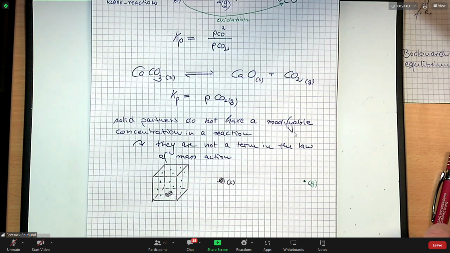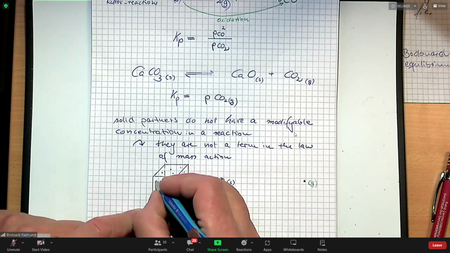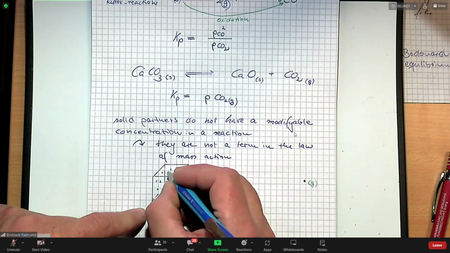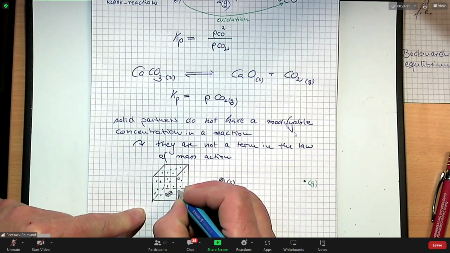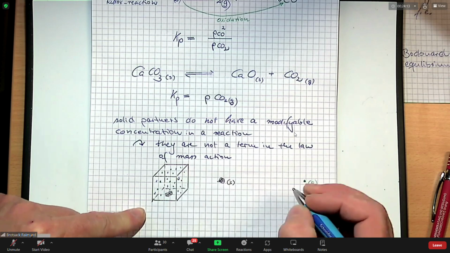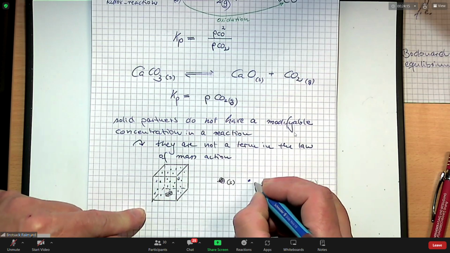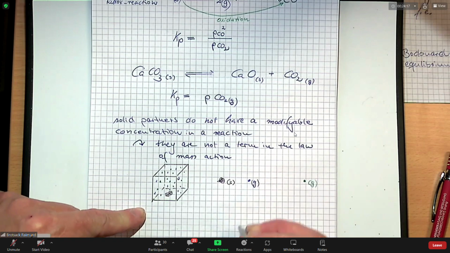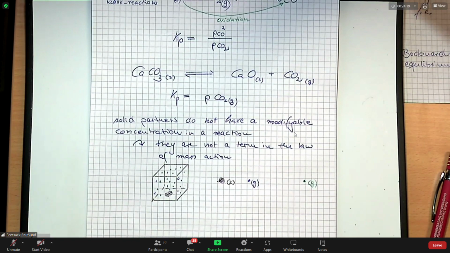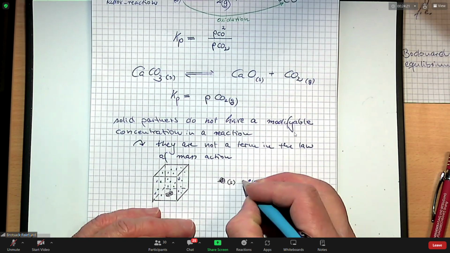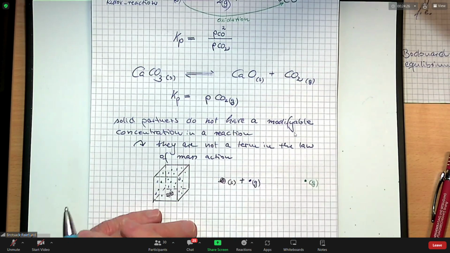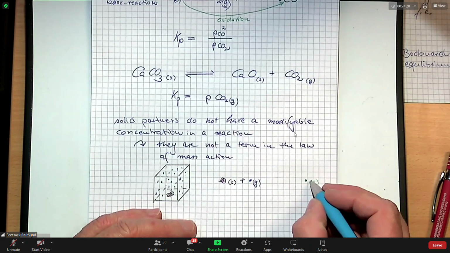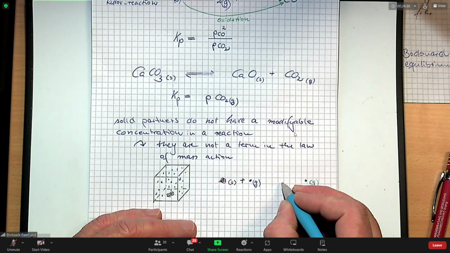And we have another particle, blue, or molecule blue, which is a gas as well, and they are another educt, but now a gas. So we have a solid black one, we have a blue dot, which is a gas, and we have a green dot, which is a gas as well.